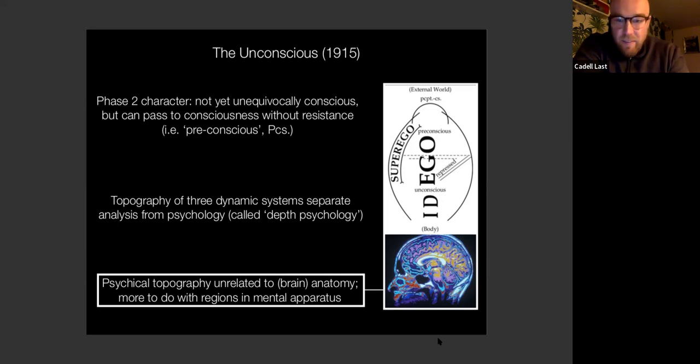This is, I think, very crucial information: Freud's psychological topography is unrelated to brain anatomy. So when Freud's thinking about the psyche, he's thinking about the representation you see above the brain there, which he states is dependent in some ways, importantly, on the brain as an organ, but he's not thinking about the brain anatomy. He sees the focus on brain anatomy as, in some sense, getting in the way of understanding the psyche as it is.